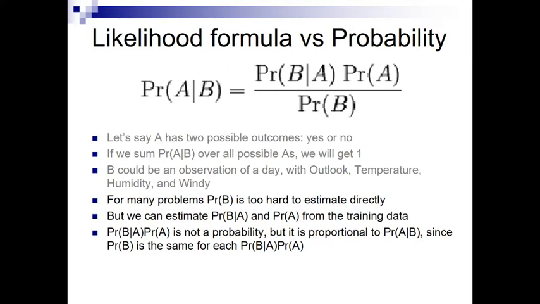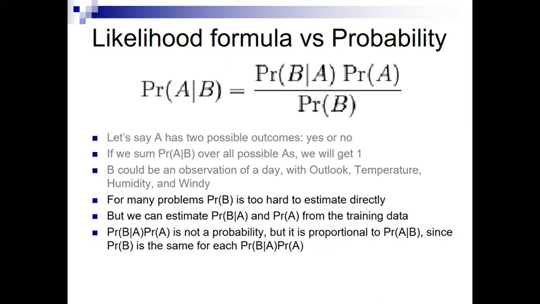So we know in our data what are the cases where the outcome was A. And so then we can, from those examples, look at the distribution of B's given that A. And so then we can see, each day, how typical does it seem out of the set that we've seen associated with A. And we can also see the probability of A in that set, if we believe that we have a kind of representative distribution of outcomes at least, then we can estimate the probability of A as well.